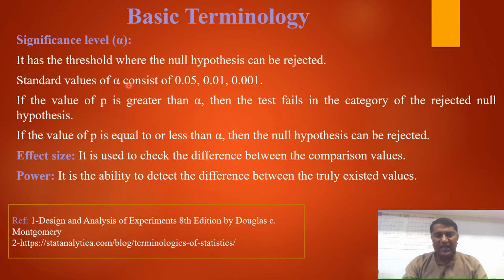Standard values of alpha are 0.05, 0.01, 0.0001. If the value of p is greater than alpha, then the test fails to reject the null hypothesis. If the value of p is equal to or less than alpha, then the null hypothesis can be rejected. Effect size is used to check the difference between the comparison values, and power is the ability to detect the difference between the truly existing values.